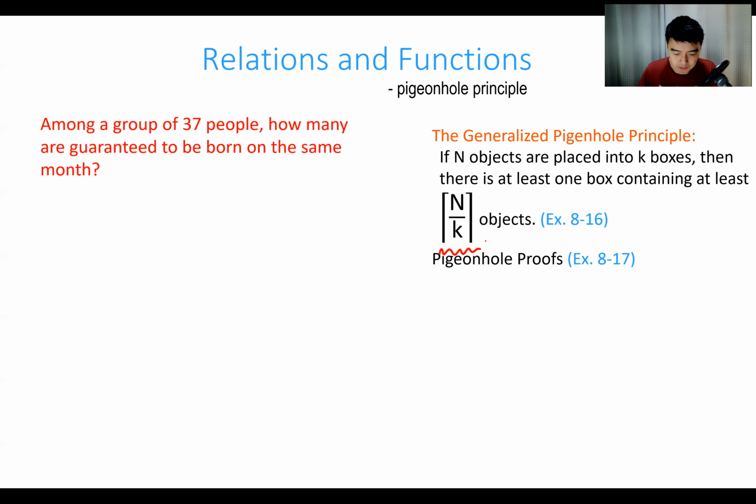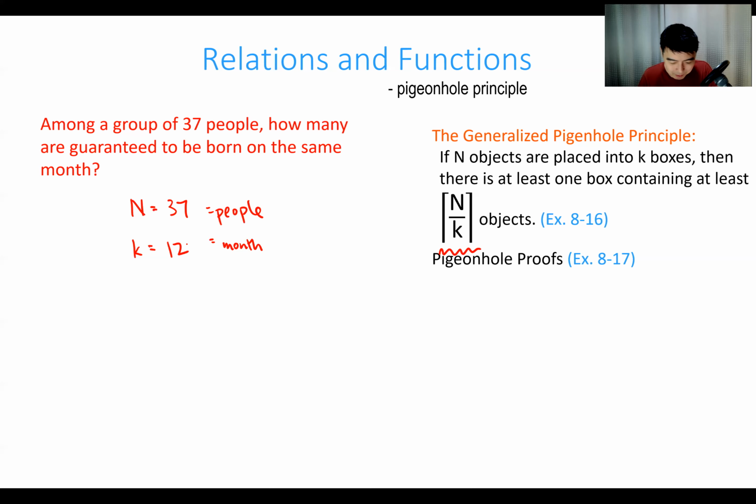All right, so the first thing we need to do for the pigeonhole principle is identify our n and identify our k. N here is equal to 37 because we have 37 people. K is the number of boxes that we have. In this case, it's the same idea. We still have the number of months, which is 12.